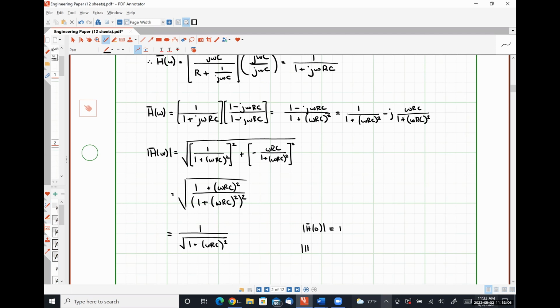What if I were to evaluate this at very high frequencies? So what is the limit of this thing as omega approaches infinity? So we're going to have 1 over the square root of 1 plus infinity squared, or 1 over the square root of infinity squared, or 1 over infinity, which is 0.